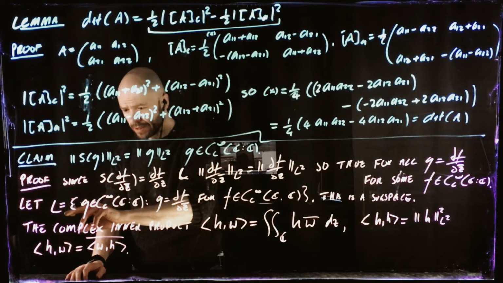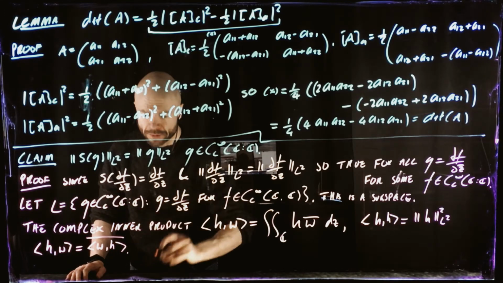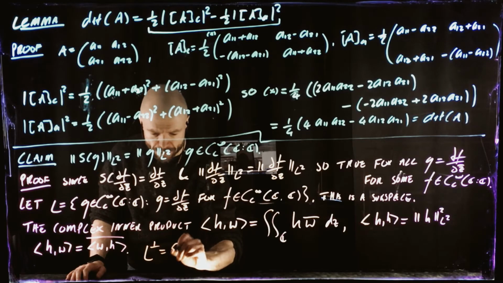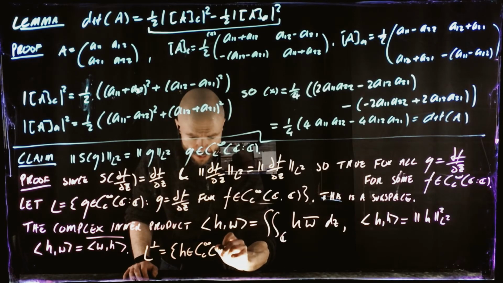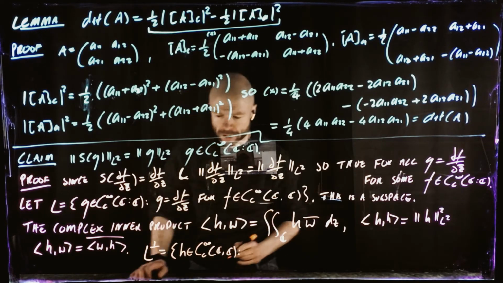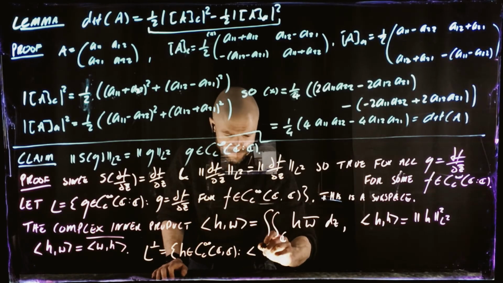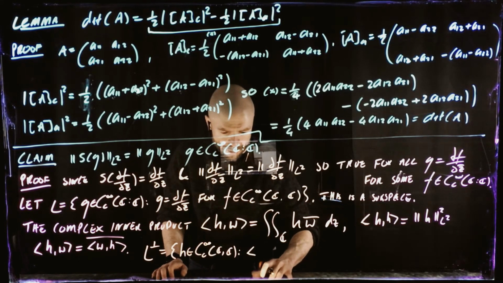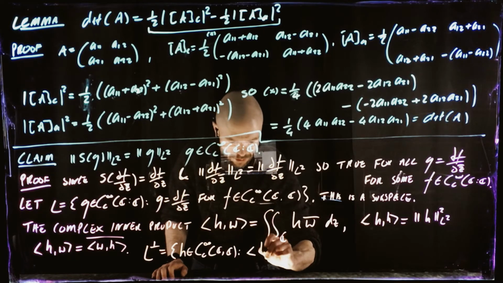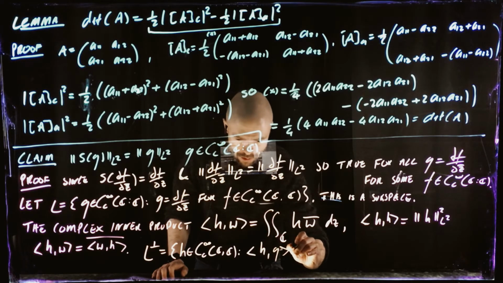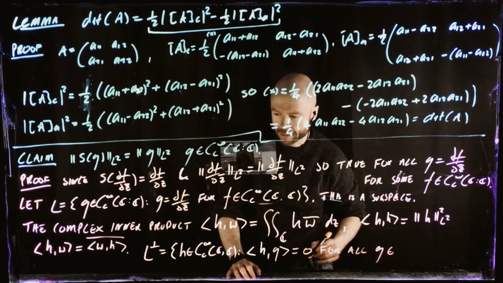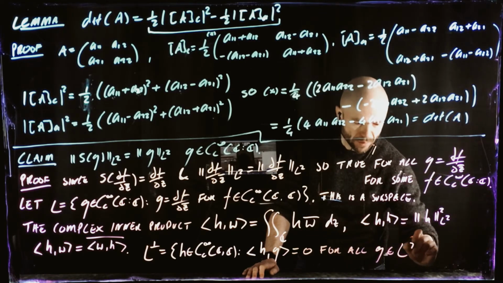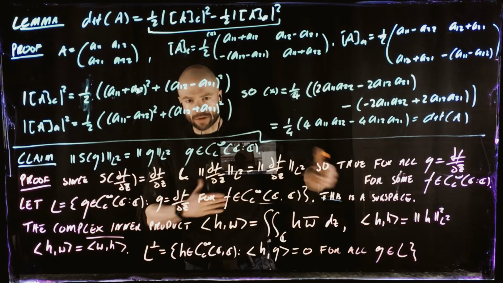So if we want to consider the set of functions that are orthogonal to L, then L perp is the set of h inside this space of C-infinity functions such that the inner product of h and g equals 0 for all g belonging to L. This is the orthogonal complement of the subspace.